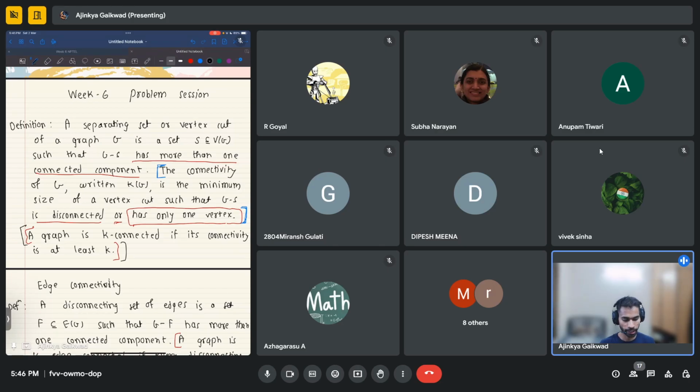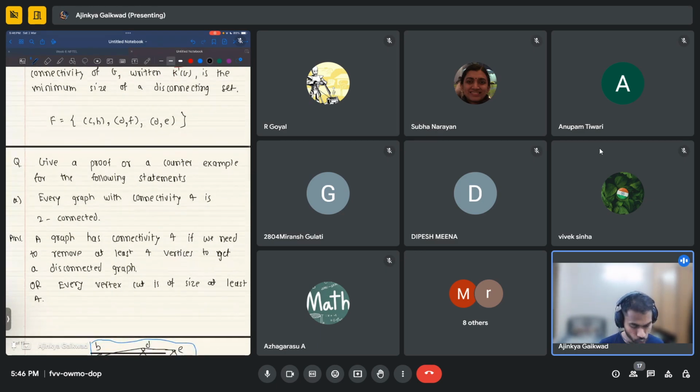But when I say graph is k-connected, I'm talking about vertex connected. So I'm talking about graphs where every vertex cut is of size at least 4.